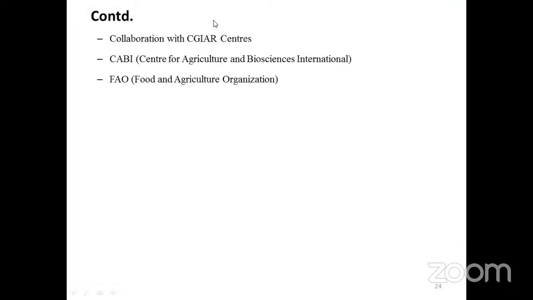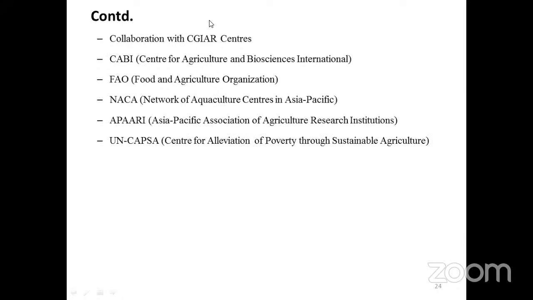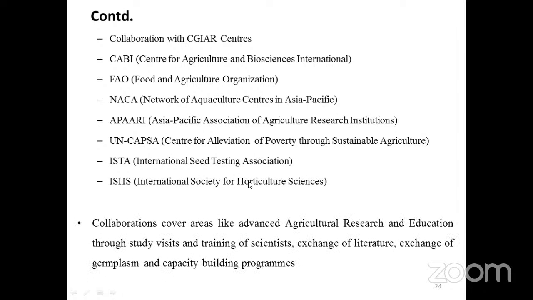They have a very strong collaboration with CG centers and CABI, which is an NGO, FAO, APAARI, so many collaborations are there. They mainly cover areas like advanced agriculture research and education. They also provide study visits, training of scientists, exchange of literature and germplasm. Moreover, capacity building programs are also organized for the scientists of these organizations.